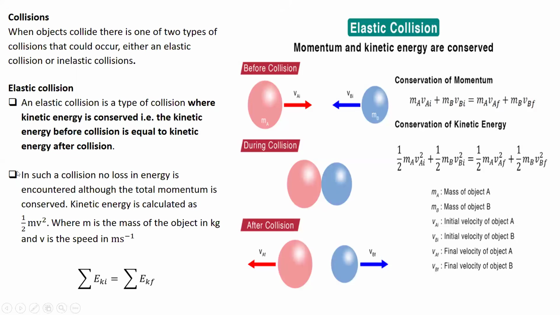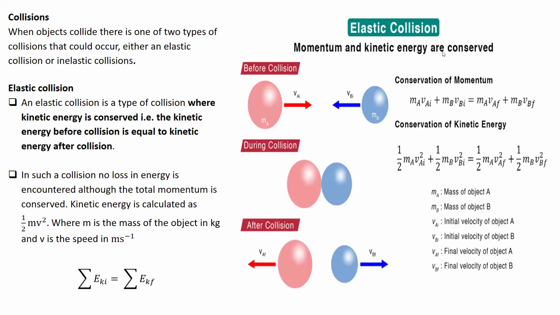Now let's talk about collisions as the last thing. There are two types of collisions in physics: elastic and inelastic collisions. When a collision is elastic, the key word for me is kinetic energy.